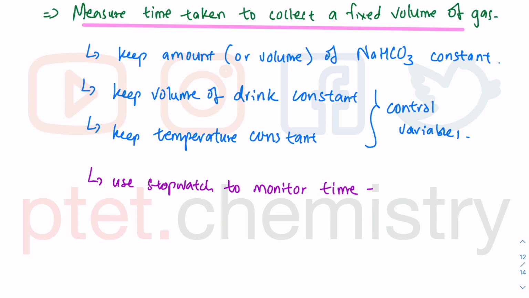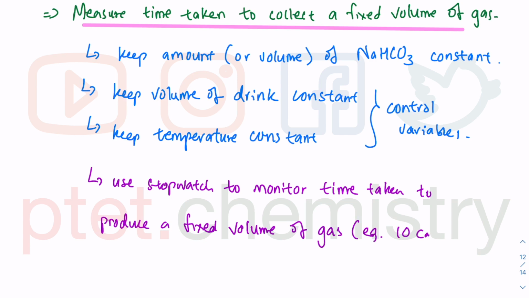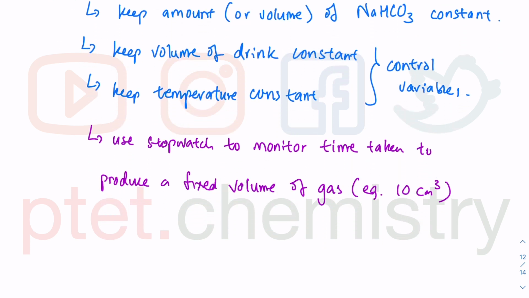How much time will be taken to produce a fixed volume of gas. So you gotta give a quantity. So example, I don't know, 10 cm cube. If you want, you can say 20 cm cube. 1000 cm cube is probably too much to bother about doing experiment in the lab for gas. So to produce a fixed volume collected inside this apparatus called a gas syringe.